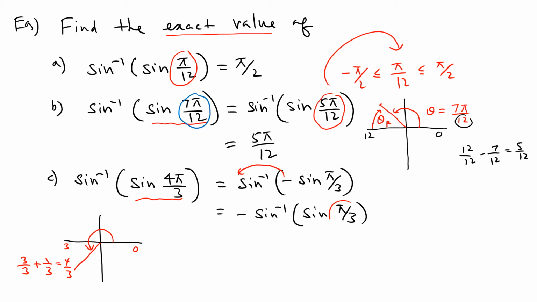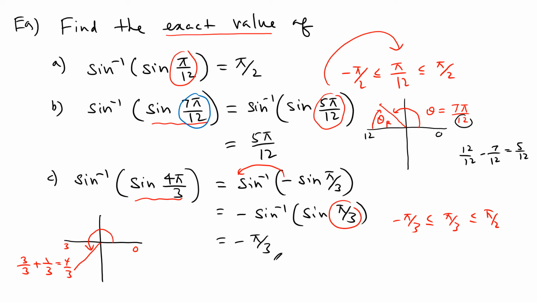Now this angle is inside the domain, because pi over 3 is between negative pi over 2 and pi over 2. That always happens when you use the reference angle method. So you can cancel out, and the answer will be negative pi over 3.